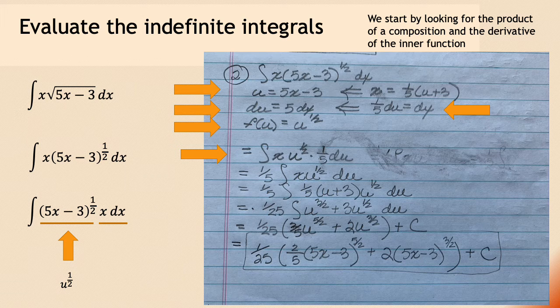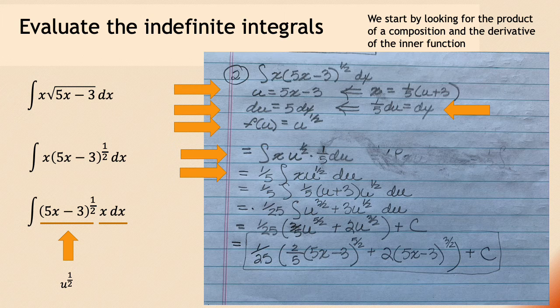So now let's go take a look. Up at the top we have where we had u is equal to 5x minus 3. Notice that's an equation. We could solve it for x. So x is equal to 1/5 times (u plus 3). All right, so let's go back to our integral. Now the first thing I did here was I removed that constant 1/5.